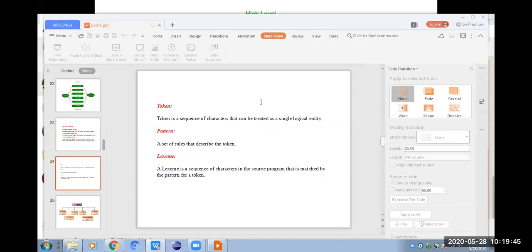When we come to lexical analysis, we want to know three definitions. First one is token. A token is a sequence of characters that can be treated as a single logical entity. This is the official definition.